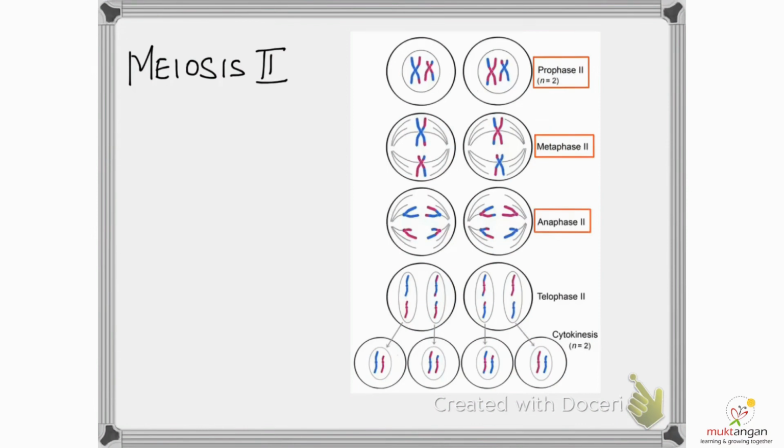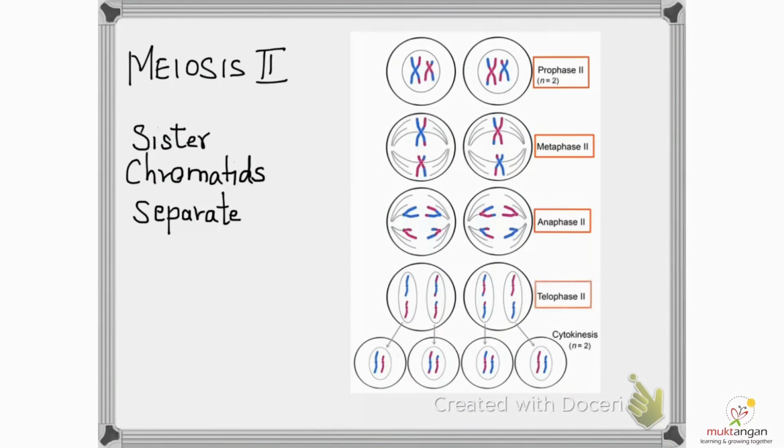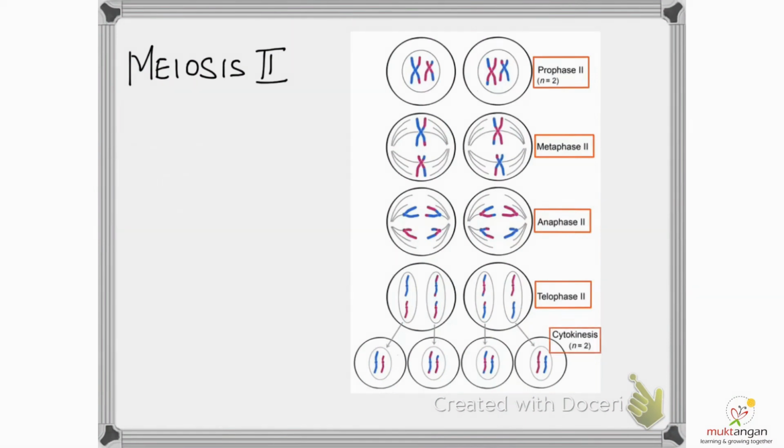In anaphase 2, the sister chromatids get separated and move towards the poles of the cell. And in telophase 2, the nuclear membrane starts reappearing and 2 new nuclei are formed in each cell. Finally, in cytokinesis, 4 haploid daughter cells are formed.